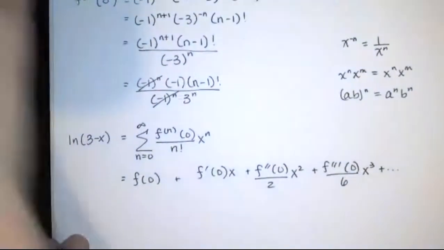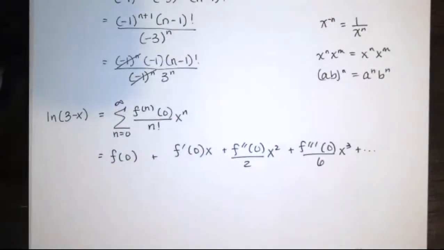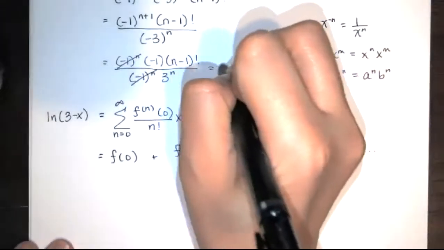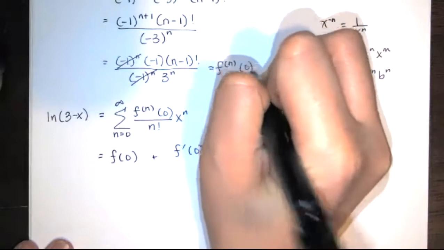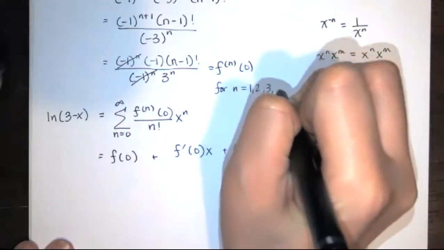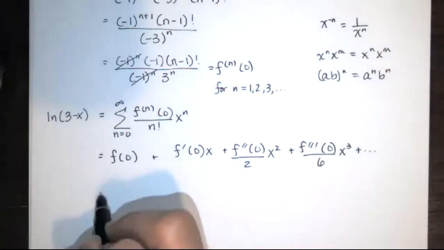And we keep going indefinitely. But this, we have a pattern for. We've got an expression for the nth derivative of our function evaluated at 0 for n equals 1, 2, 3, and so on.